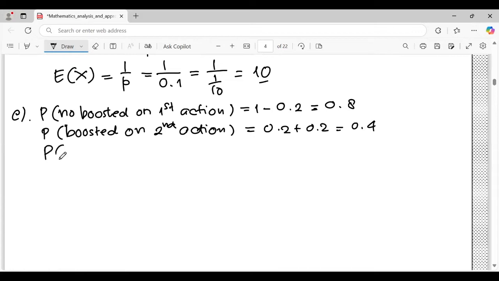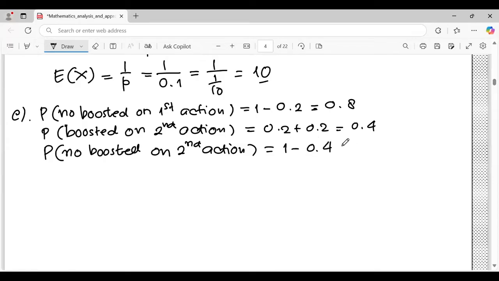So it means the probability of no boost on the second action is 1 minus 0.4, which is 0.6.